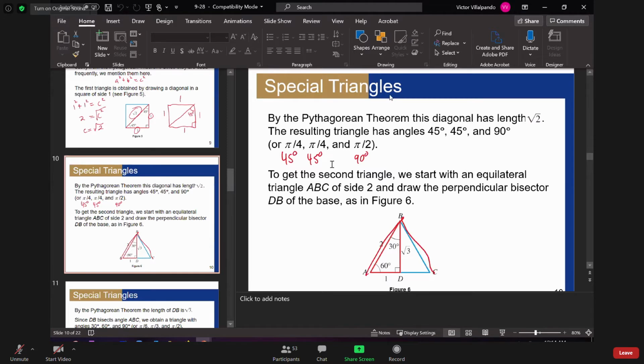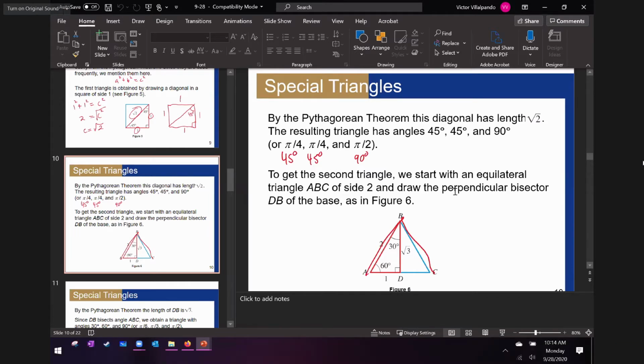Now, to get the second triangle, we start with an equilateral triangle. Hence every side of the triangle is equal. Every angle is equal. 6, 12, 18. So 60, 120, 180. So every angle is equal, every side is equal, hence equilateral.